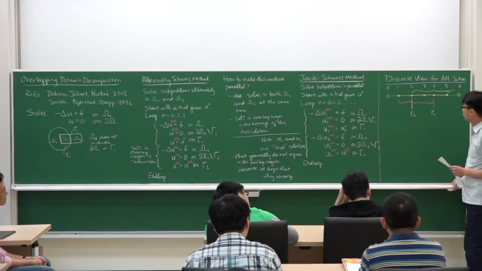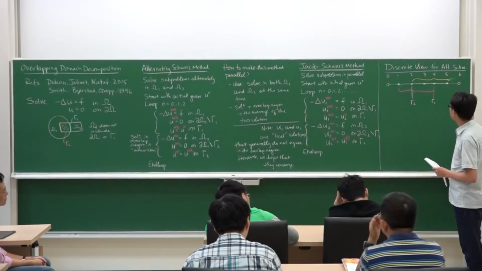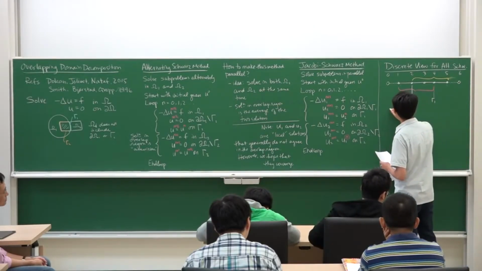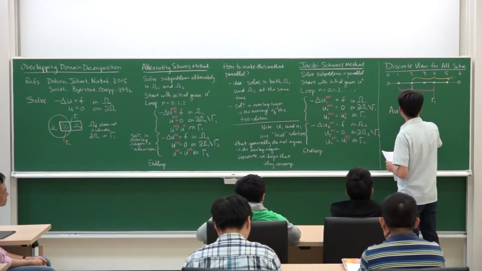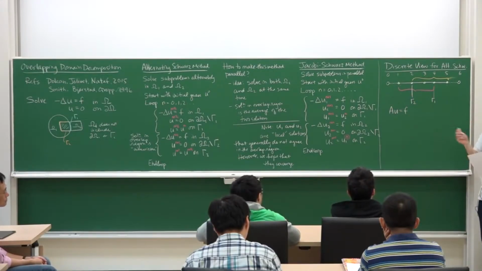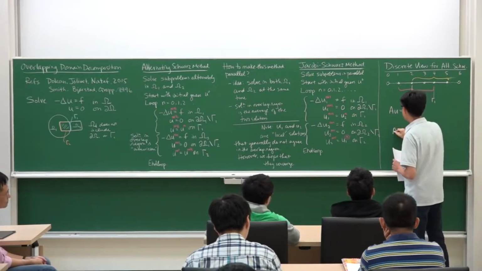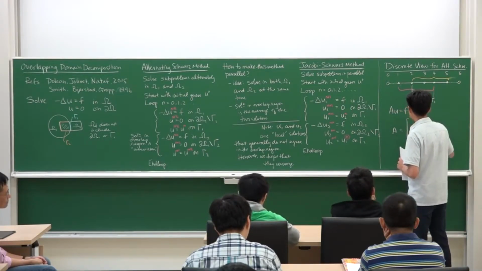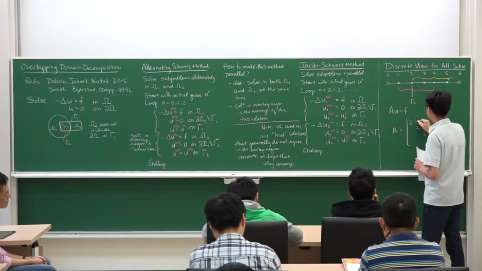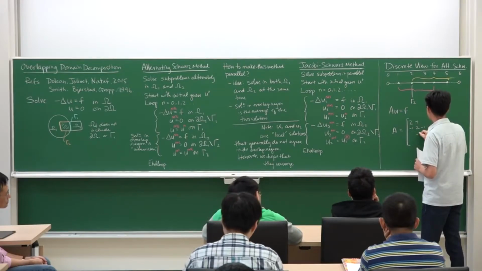Okay. So if we write down the matrix for this problem, the discrete problem is A, U equals F. This is a 5 by 5 matrix. We assume we've taken care of the boundaries on the Dirichlet boundaries. And A is this matrix with 2's on the diagonal and minus 1's on the off diagonal.